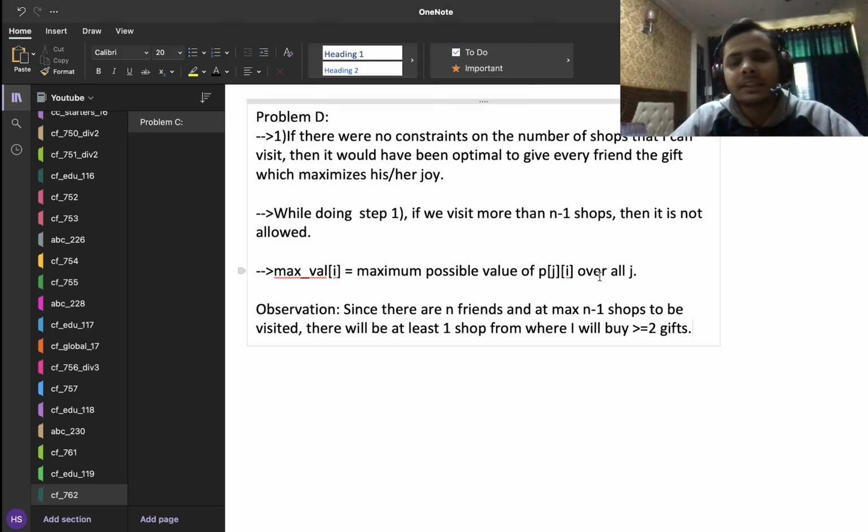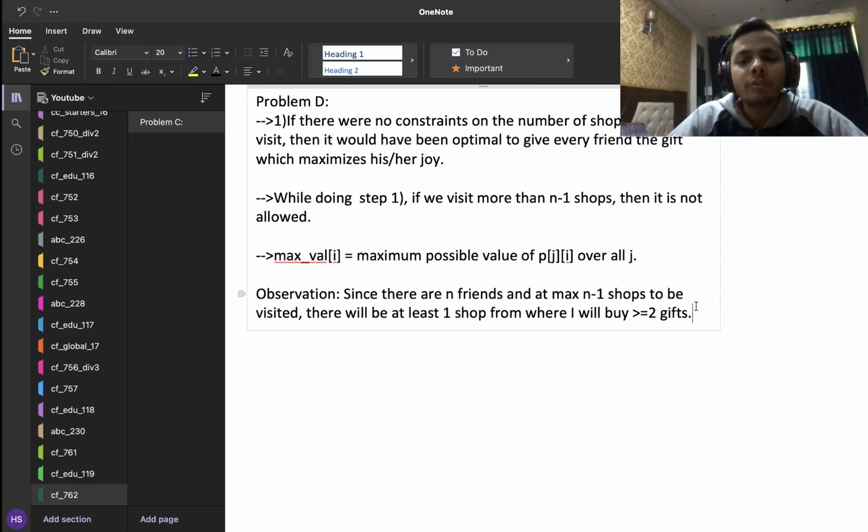And this is a very necessary thing, because if from each shop I buy just one gift, then I will end up visiting n shops, right? Which is not allowed. So there has to be at least one shop from where I will buy greater than or equal to 2 gifts, and this is an argument by the pigeonhole principle.